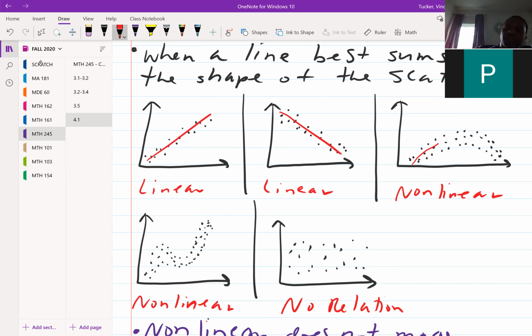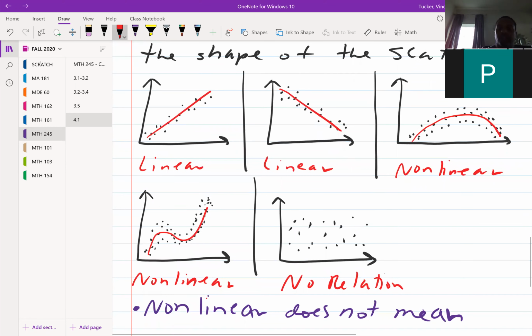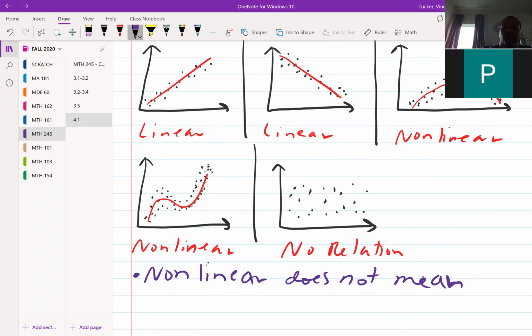Non-linear, here we have an arc, here we have like a wave. So the statement that I'm about to write down here: non-linear does not mean no relation. It just means no linear relation.